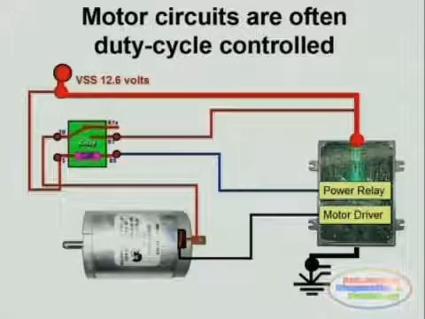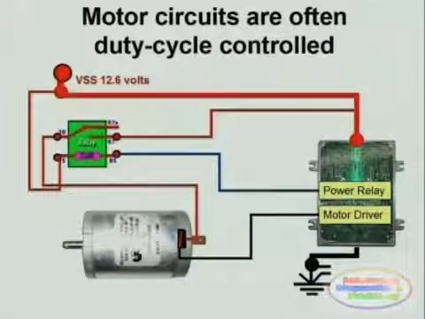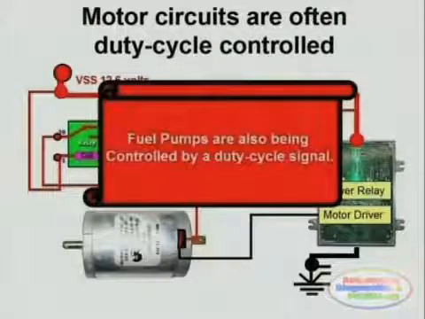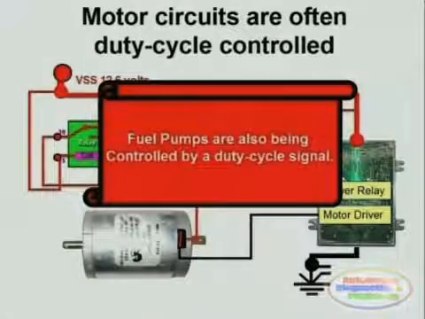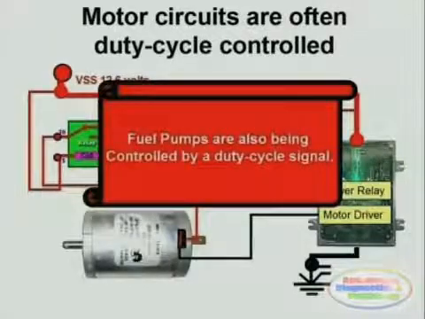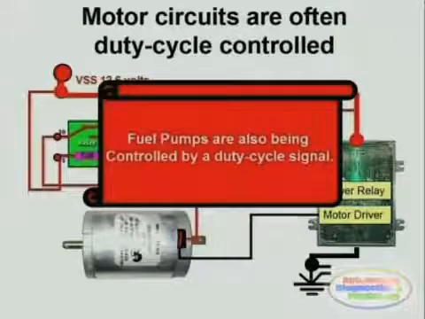This doesn't mean that the motor is controlled by the relay. Fuel pumps are also controlled by duty cycle signals through the negative side of the circuit. The relay provides the positive side to the motor, and the ECM or the ECM driver provides a pulsated ground to the negative side of the motor.